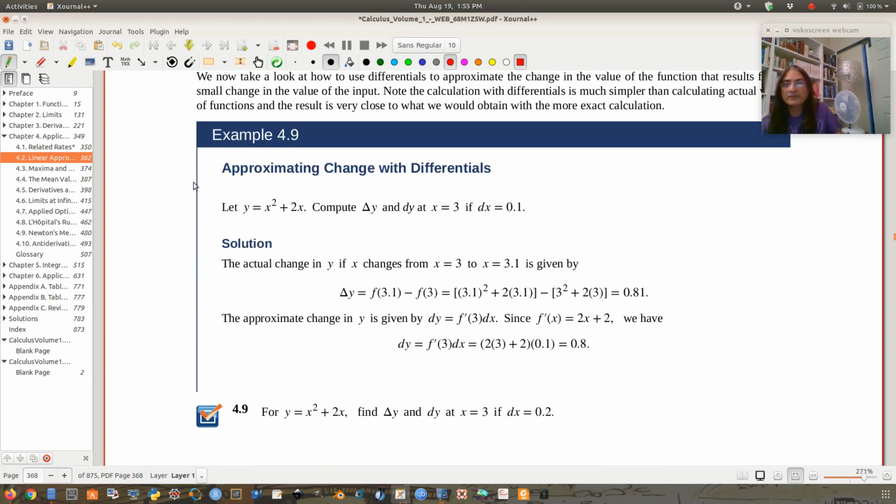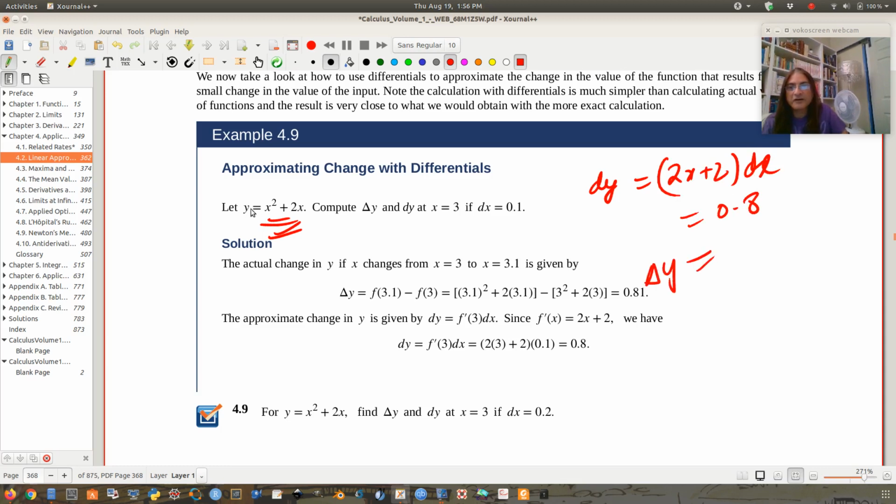So here we have the function, and dy is simple, right? Dy is just the derivative of this, which is 2x plus 2 times dx. x is 3, so this is 8 times dx. But what is delta y?